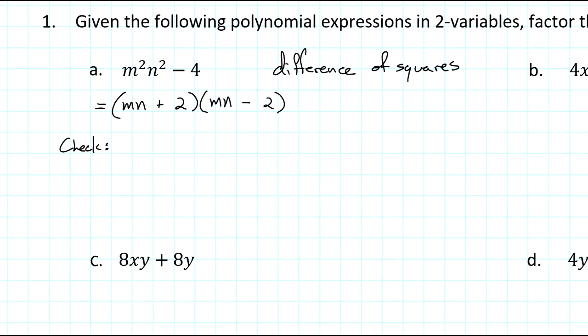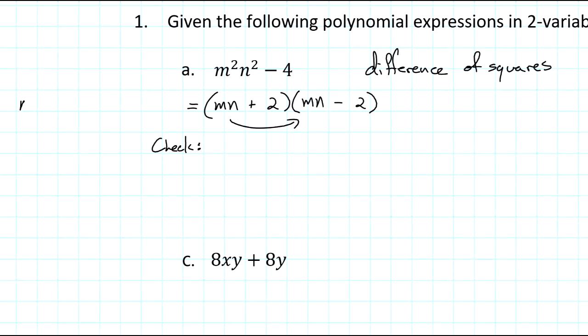just to give ourselves a little comfort in knowing that we've done it correctly, we would FOIL it out. We would get mn times mn, which equals m times n times n, equals m squared times n squared, or just m squared n squared.